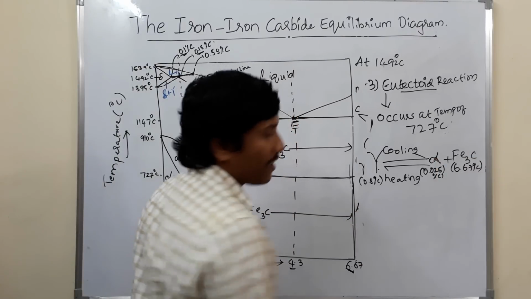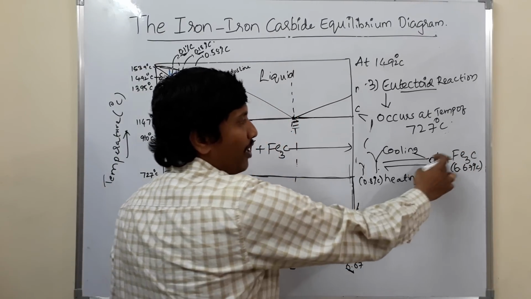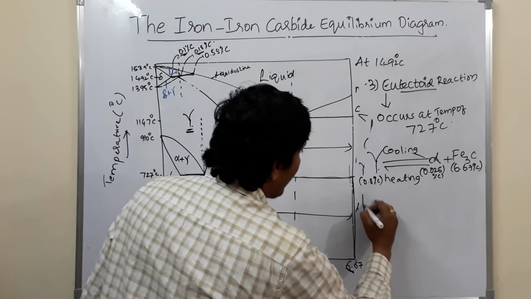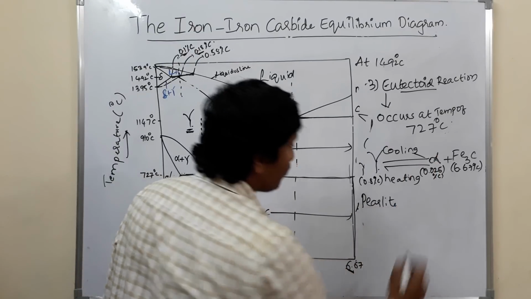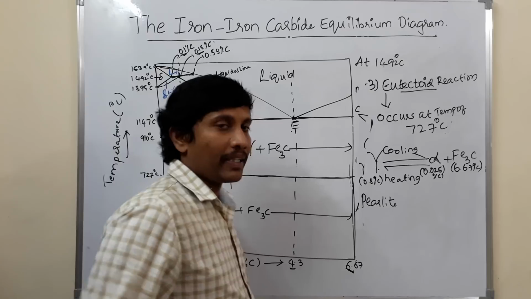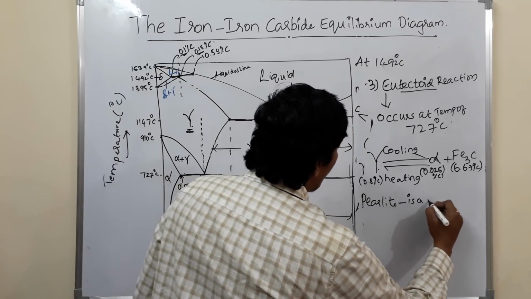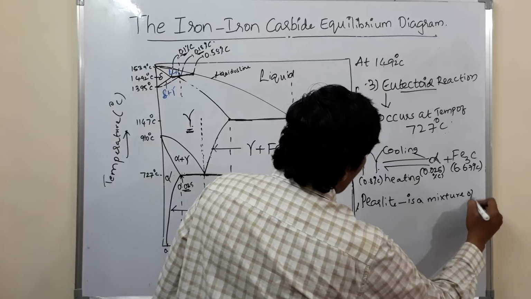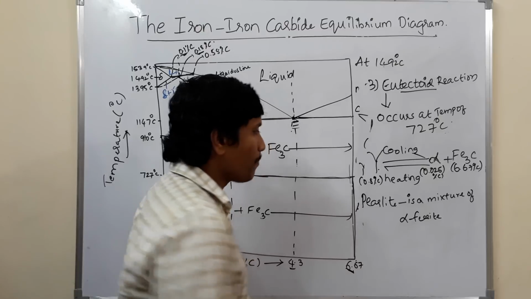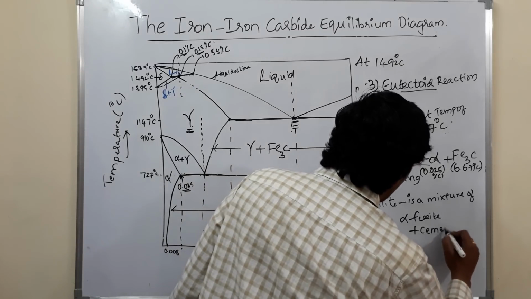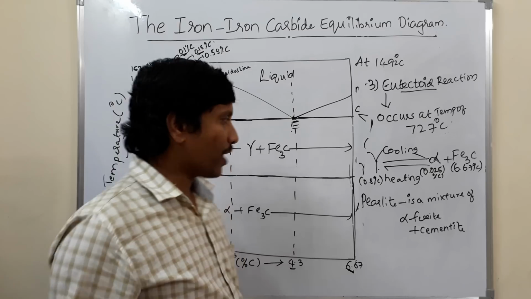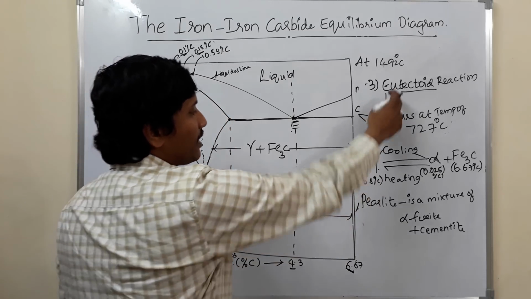This mixture of two phases, alpha and Fe3C, is called pearlite. Pearlite is not a phase, it is a mixture of two phases: alpha ferrite and cementite. So this is the eutectoid reaction occurring.